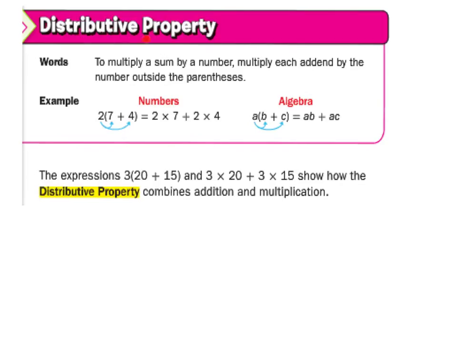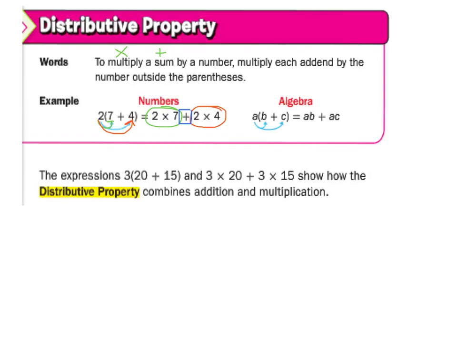Today we're talking about the distributive property. And in words it means to multiply a sum. Remember, sum means add. And we're going to be doing multiplication by a number and multiply each addend by the number outside the parentheses. So we can see here in the example, if we had 2 times (7 plus 4), we could do 2 times 7, and then we can take 2 times the 4, and we can add them together.